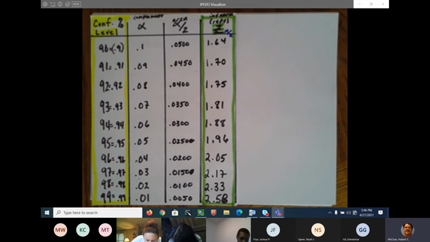And then you change the percent into a decimal: 0.9, 0.91, 0.92, 0.93. And I'll explain everything else. Just write everything down.